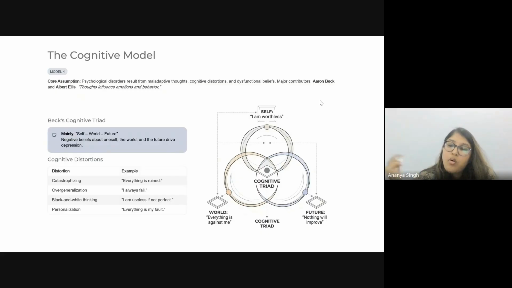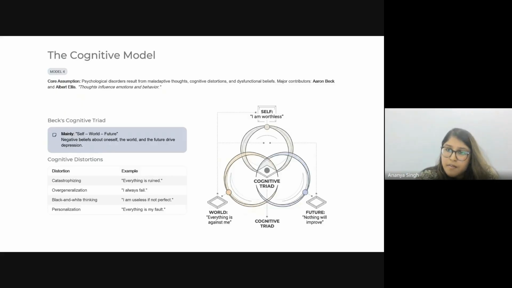Negative beliefs about all three of these would cause us to develop depression. Negative beliefs about self are worthlessness. Negative beliefs about the world, as in others, are helplessness, and negative beliefs about the future is hopelessness. This is the cognitive triad of depression.